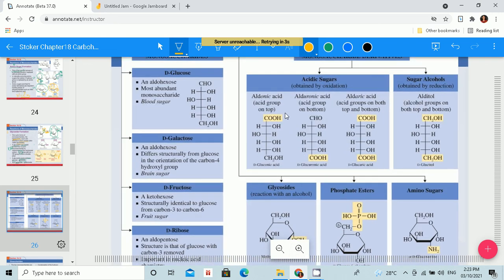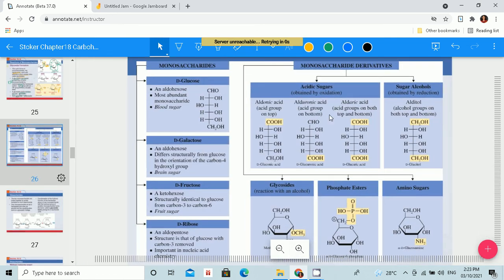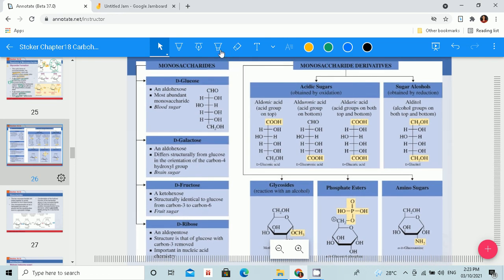Alright, so we have here the monosaccharides, derivatives. And then we have acidic sugars, okay, obtained from oxidation. So, oxidation, katong aldonic, may mong alduronic, and then we have aldaric acid.